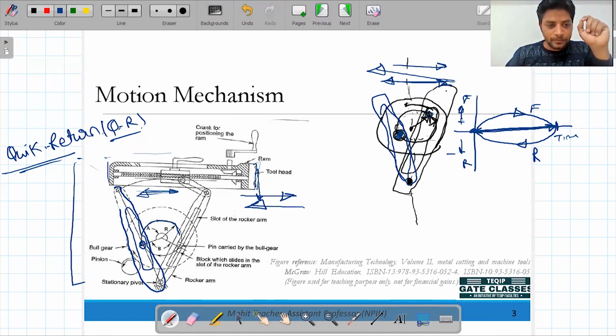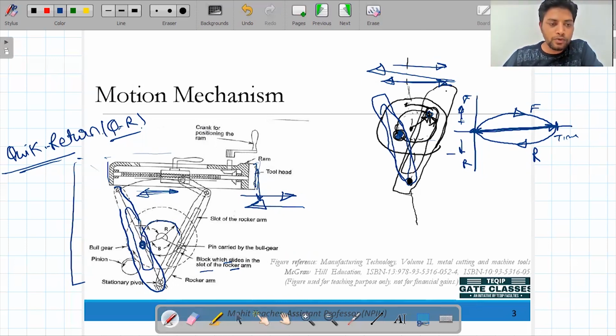You can say it is a block that slides inside this rocker arm. Sometimes we also say it's a slider. If you speak in the language of theory of machines, then it is a slider. So this slider will slide inside the slotted bar.